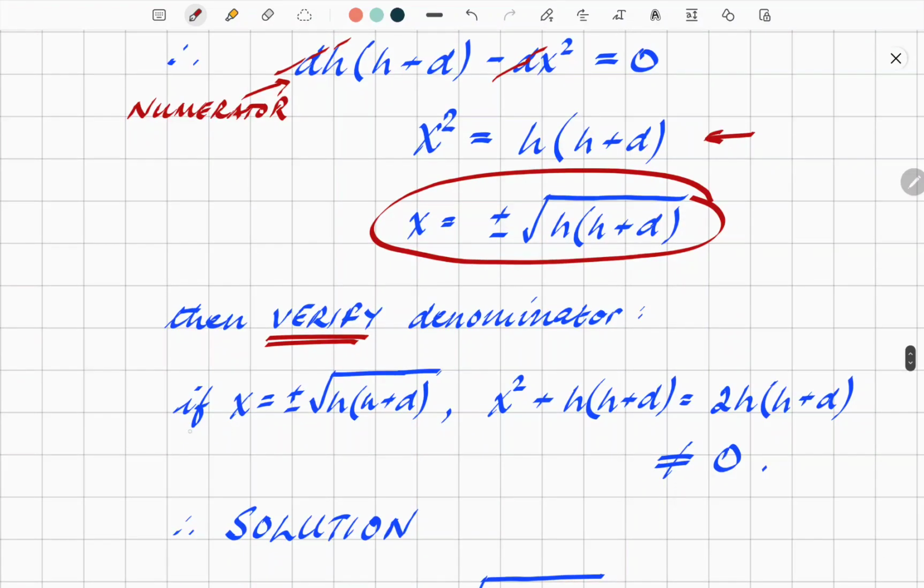So if x equals plus or minus the square root of h times (h plus d), then replacing that for x squared, this thing actually goes to h plus h, oh sorry, let's correct that, there you go, (h plus d) times h, plus another h there, and that gives us the result here.